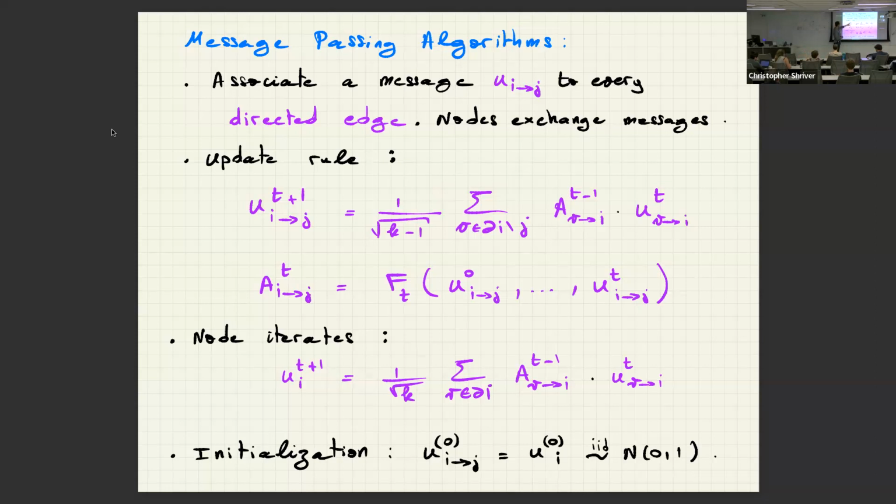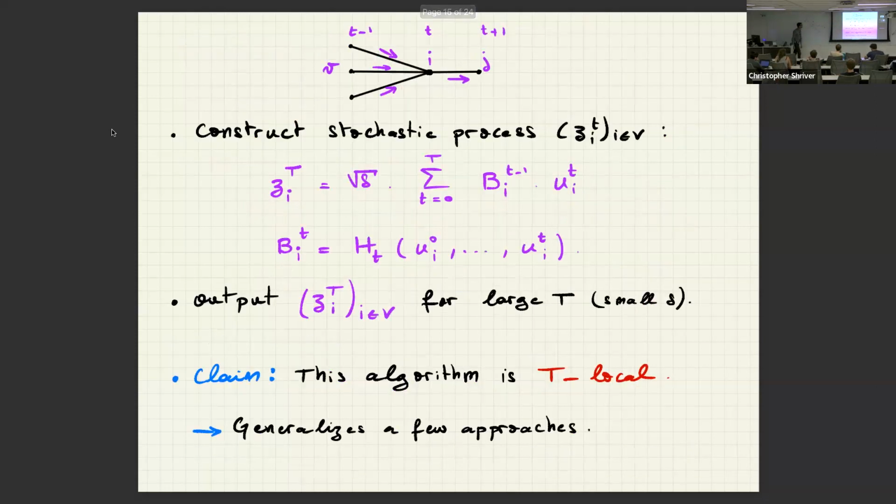So at time t+1, you look at the neighbors. I will send a message to j by collecting the messages from its other neighbors, except j, at time t, apply some function, and then send them. Every vertex will do this.